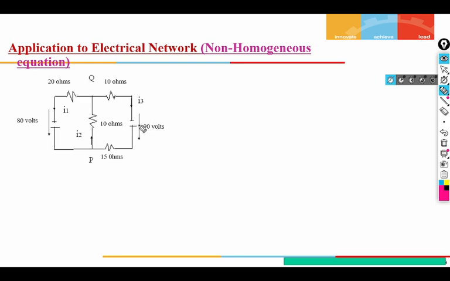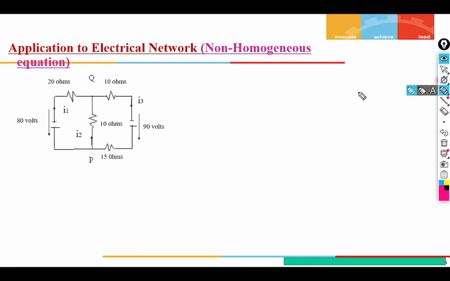Now we have to apply two things here: KCL and KVL. You will observe there is a node P and a node Q. You can apply KCL to either node and you will get the same equation.